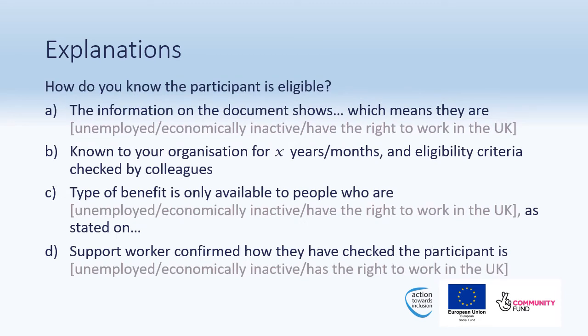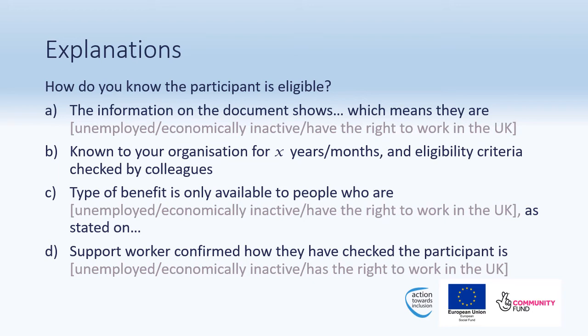We then need to understand how you are therefore satisfied of their eligibility. Again, these examples aren't exhaustive. Some explanations could be that the information on the document shows you something, which means that they are unemployed, economically inactive, or have the right to work in the UK.